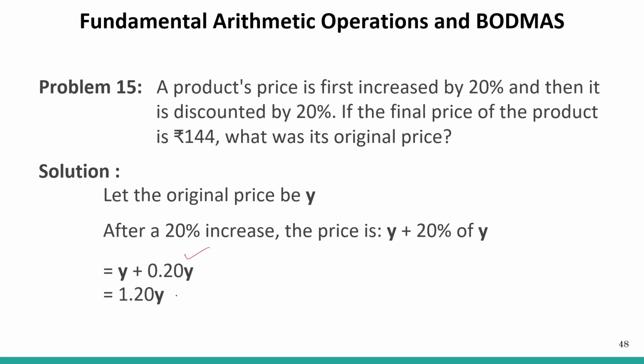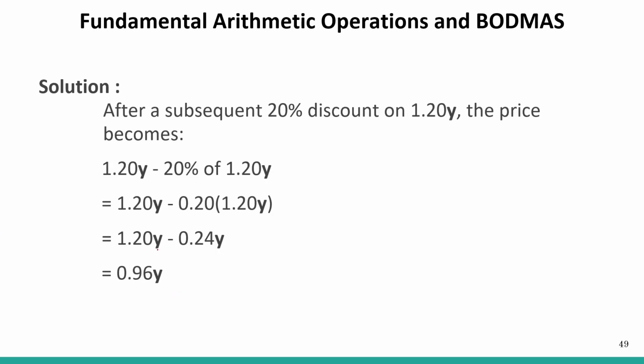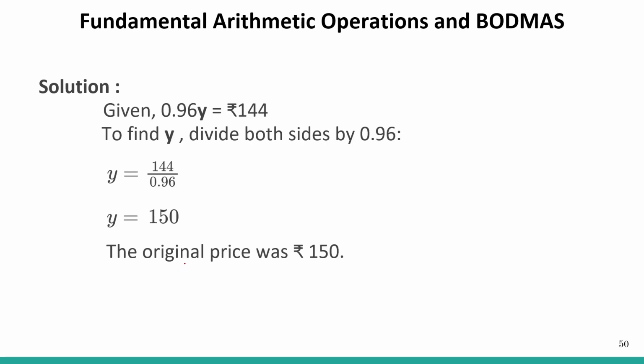1.20y. So after a subsequent 20% discount on 1.20y, the price becomes 1.20y minus 20% of 1.20y. That is 1.20y minus 0.24y, which is equal to 0.96y.